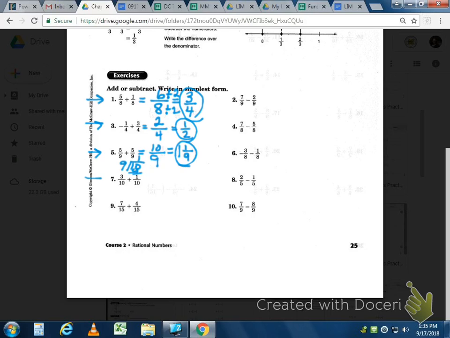Okay, number 7. 3/10 plus 1/10. Braden, what's my denominator going to be? 10. And then 3 plus 1, 4. Now, does that reduce at all? Can I cancel anything out of it? Can I divide them both by the same number?